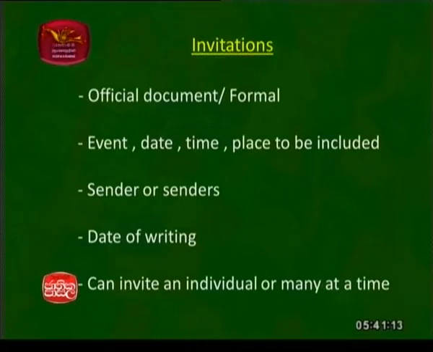Date of writing, and it can invite an individual or many people, right? This is also a very commonly used thing in schools. We write a lot of invitations for different occasions. We have prefects' investiture, we have prize givings, so lots of invitations. So this is very useful for you all.